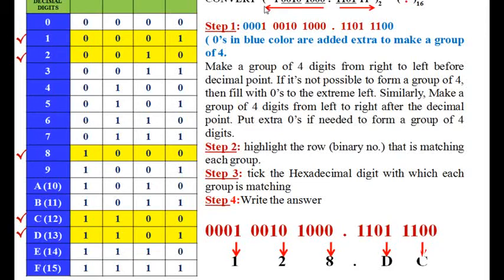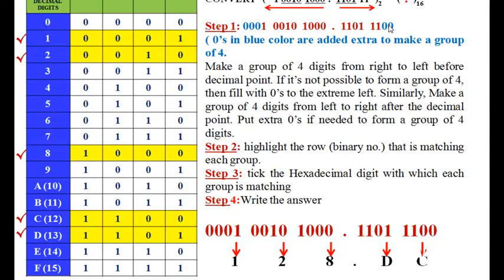If it is not possible to form a group of 4, then fill with zeros to the extreme left. Similarly, make a group of 4 digits from left to right after the decimal point. Put extra zeros if needed to form a group of 4 digits.